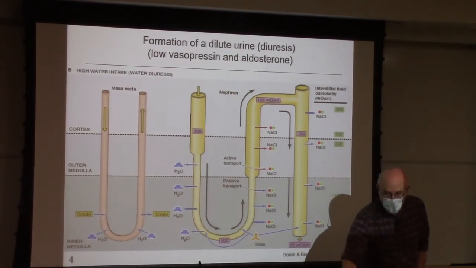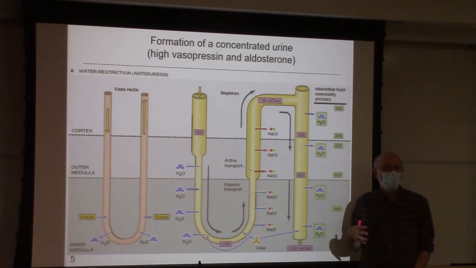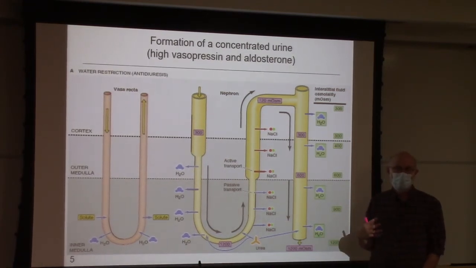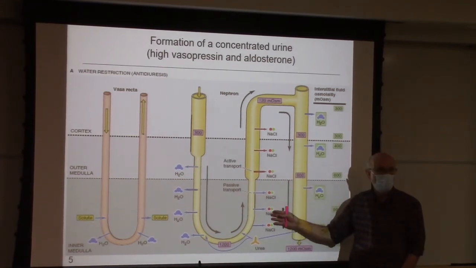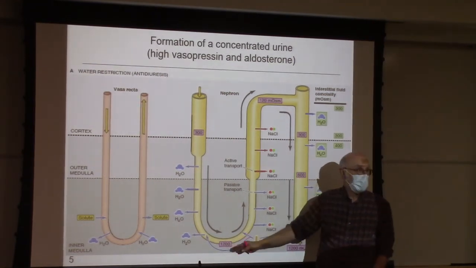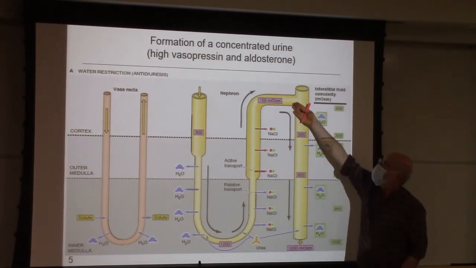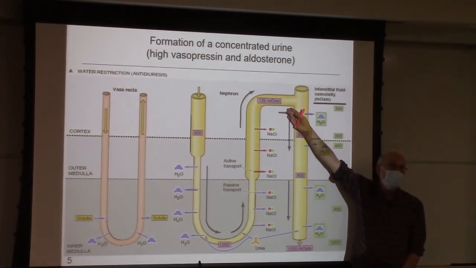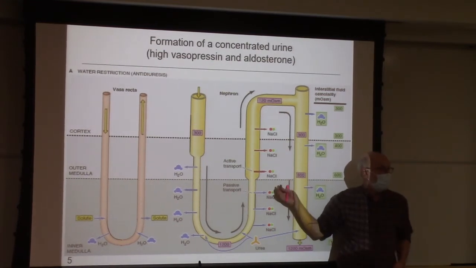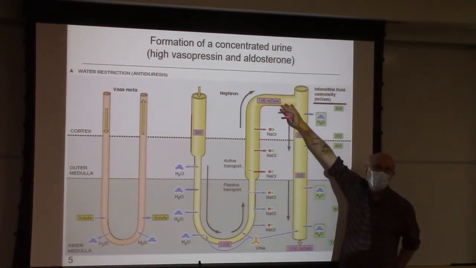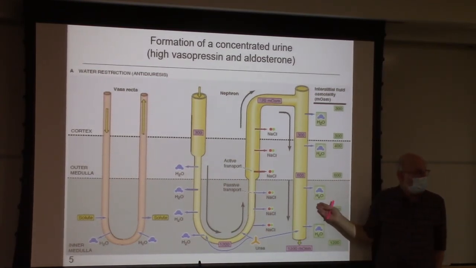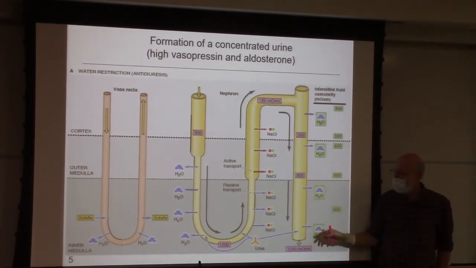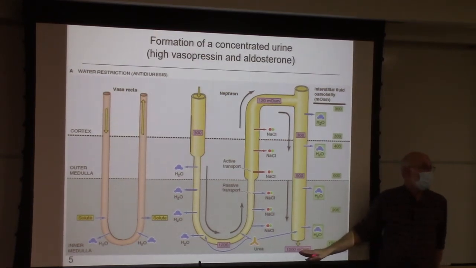Let me do it fast, we'll go back and forth. High dehydration, high aldosterone, high expression of the pump, high countercurrent multiplier. We still have a dilute fluid leaving this because we pumped all this sodium chloride out of it. This is still the same. But now this dilute fluid is moving through a water permeable tube, and it's moving into an interstitium that is highly soluted, highly concentrated with solute.